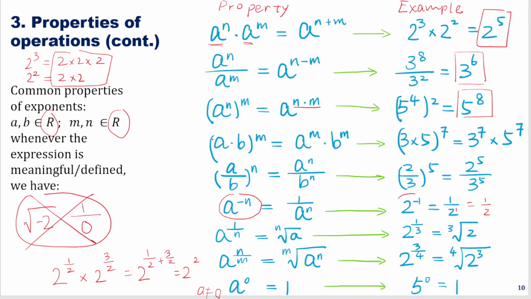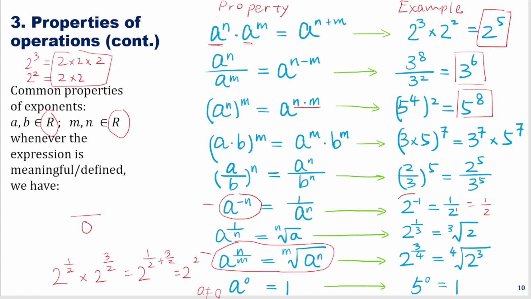Like a to the power of n, 1 over n. Oh, here. And also a n over m. These two, right? Okay. And also a to the power of 1 over n. Oh, okay.